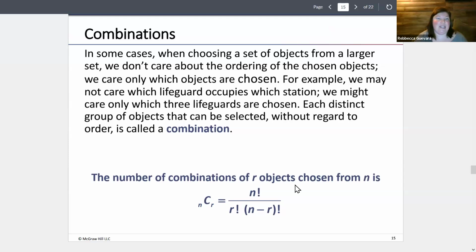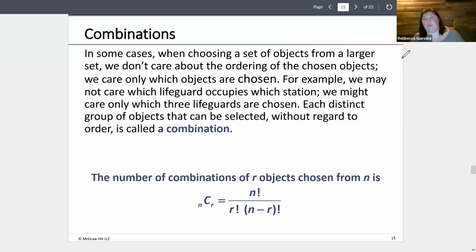For example, we may not care which lifeguard occupies which station. In the last problem, certain lifeguards had to go to certain stations, but we might only care which 3 lifeguards are chosen. So each distinct group of objects that can be selected without regard to order is called a combination.